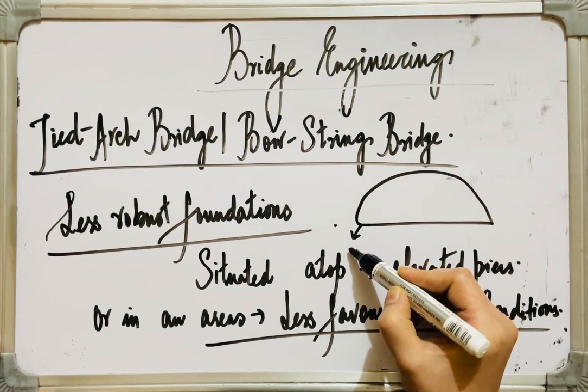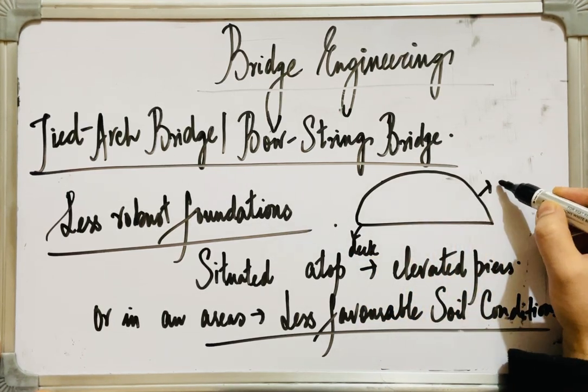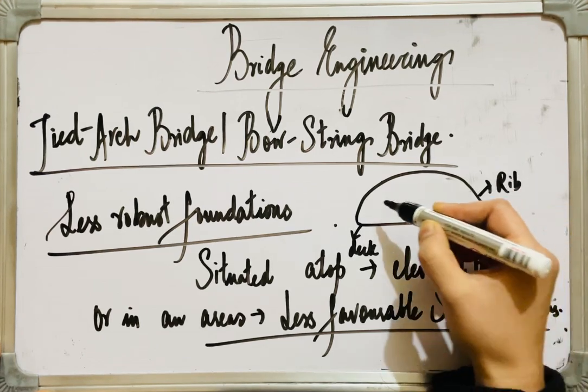This is the deck or the tying cord, this is the rib, and these are the suspenders.